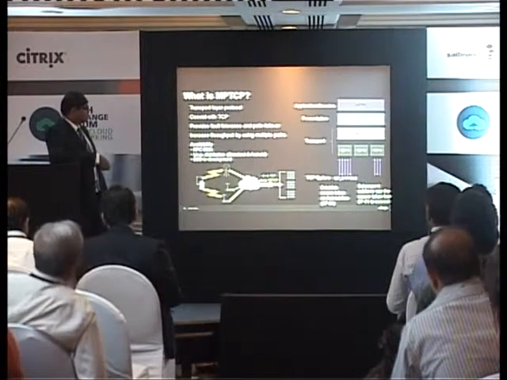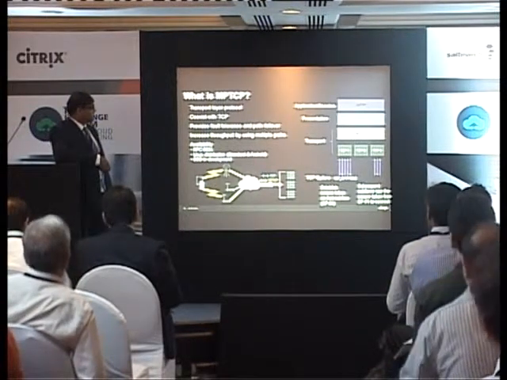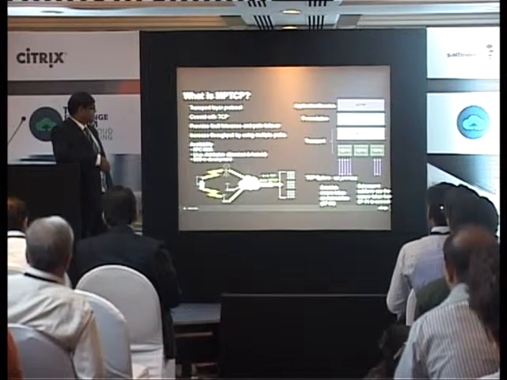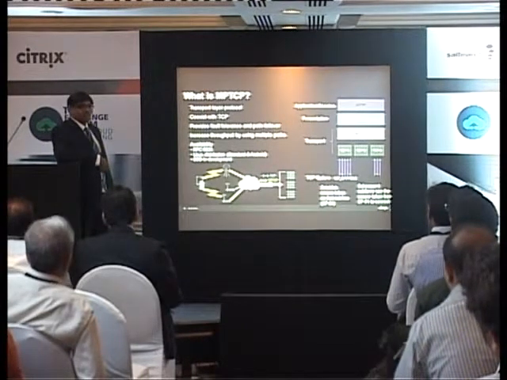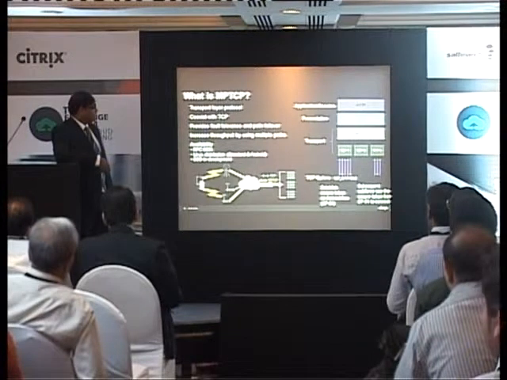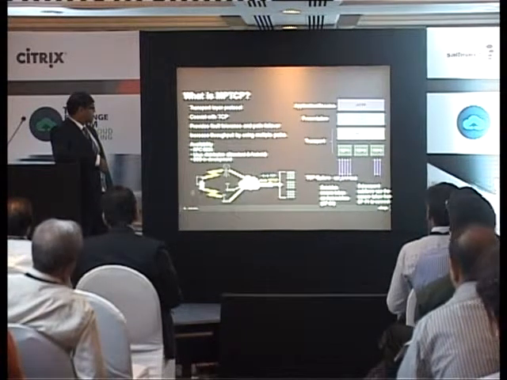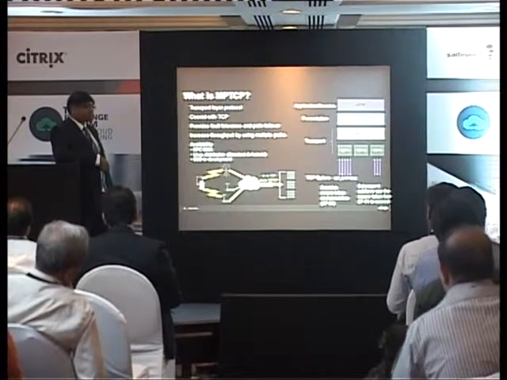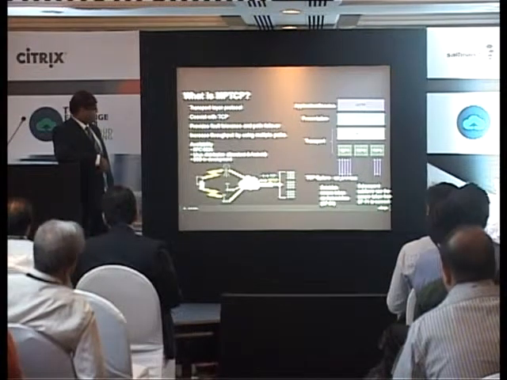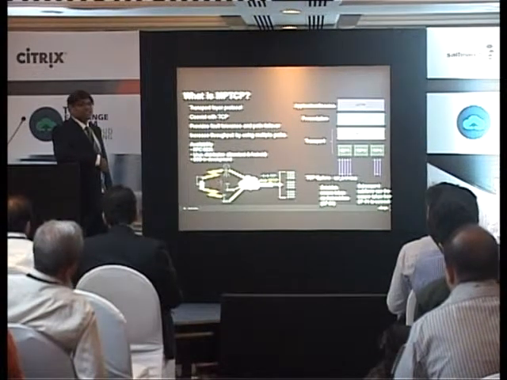With this approach, it can intelligently identify where there is congestion in the link, whether this link or that link, and based on that, the heavy content that needs to be delivered to the mobile phone comes through the uncongested link, and the smaller content can be delivered through the other link.